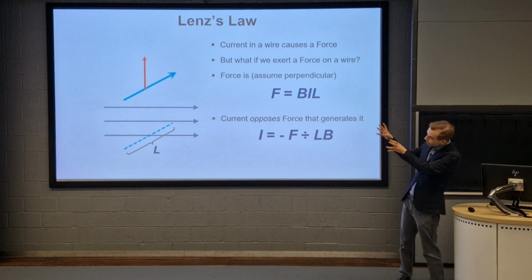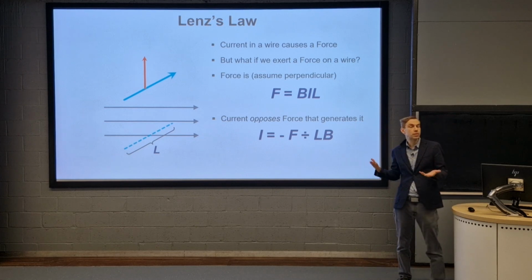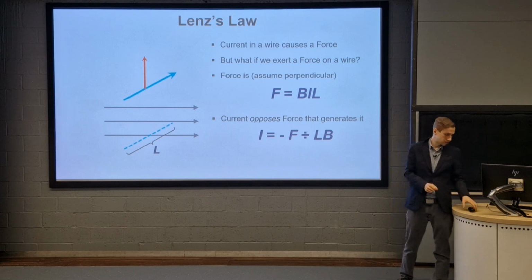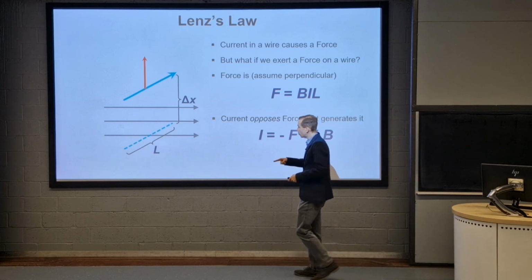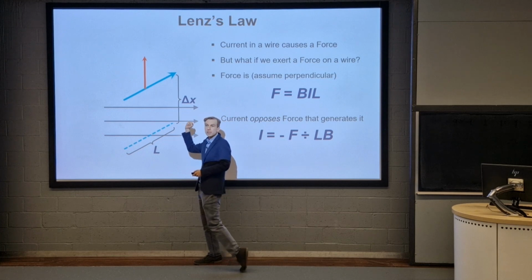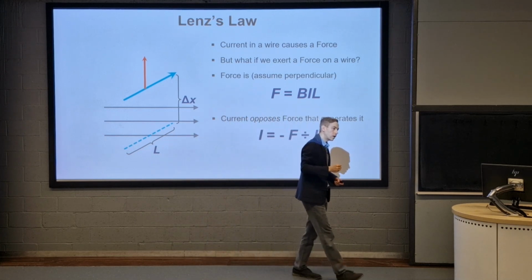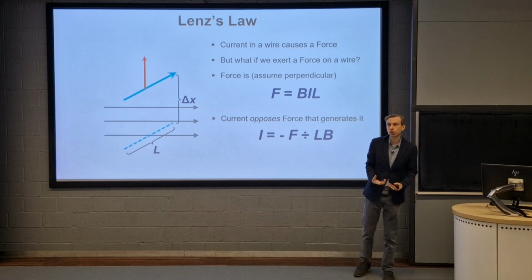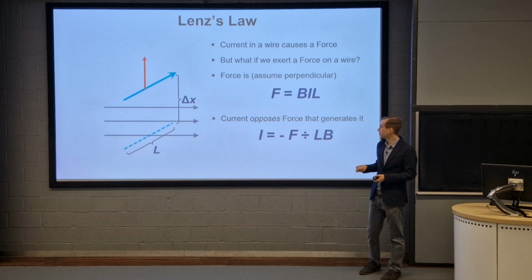Now this is quite an inconspicuous little setup. We're going to come back to it a few times as we're building up towards Faraday's law. Now if we suppose we've moved our wire some distance that we call delta x, we can start to think about how much work we've had to do to move this wire.